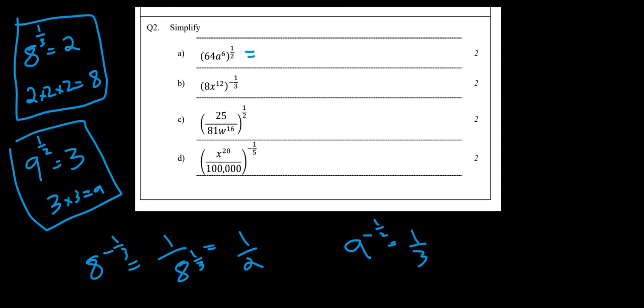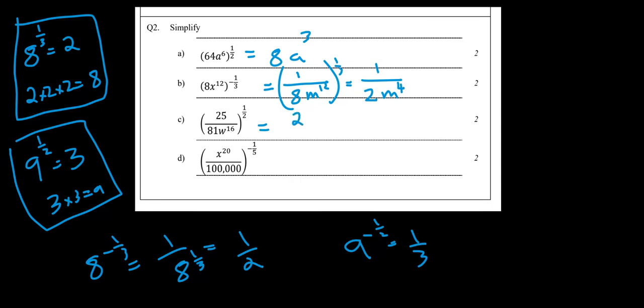So square root of 64 is 8. 6 times half is 3. This is going to be 1 over 8m to the 12, all to the third. So that is going to give 1 over 2m to the 4.